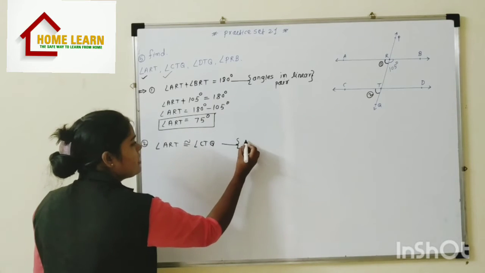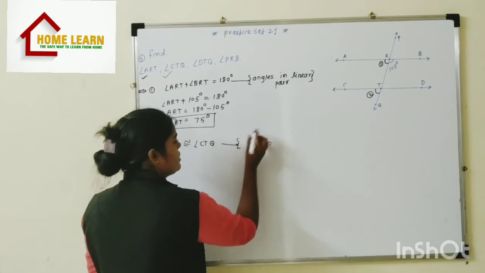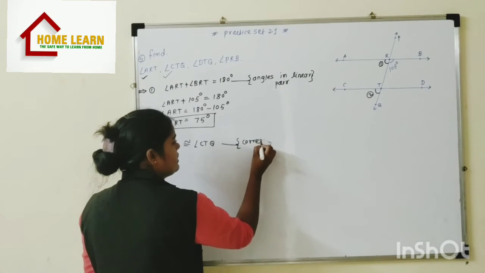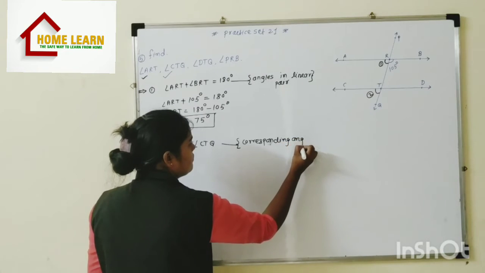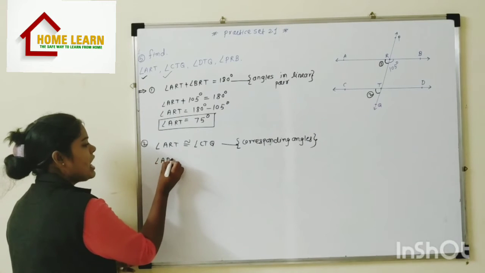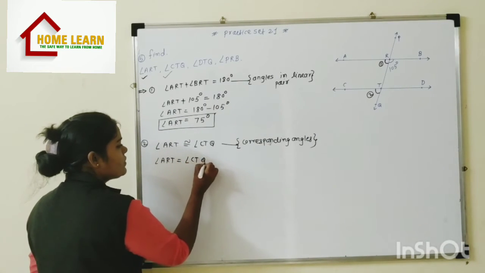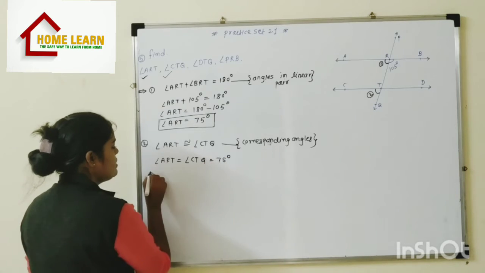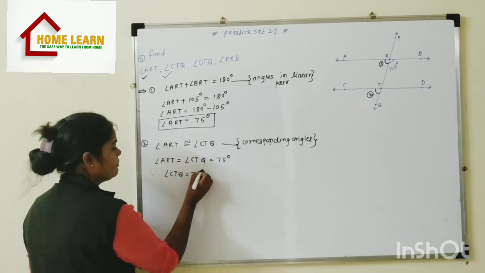Write the reason here: corresponding angles are congruent. And therefore we can say that if ART is 75 degrees, then angle CTQ is also 75 degrees. Hence angle CTQ is 75 degrees.